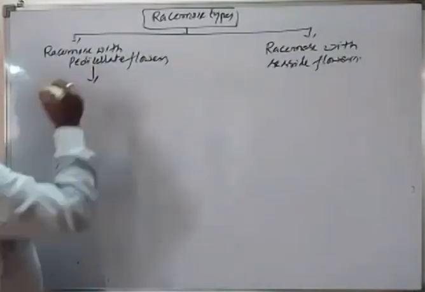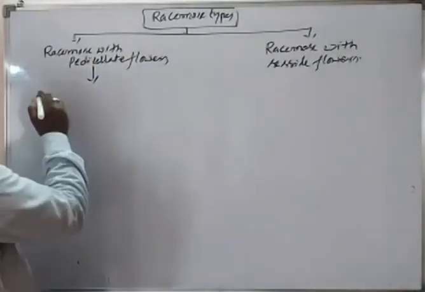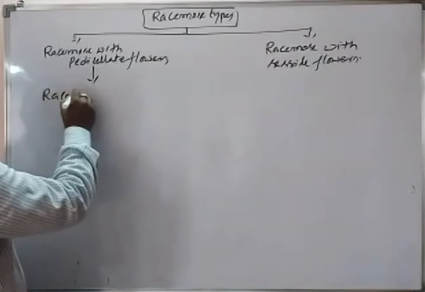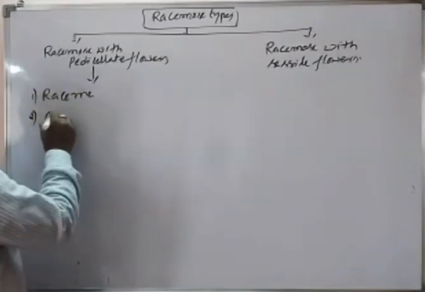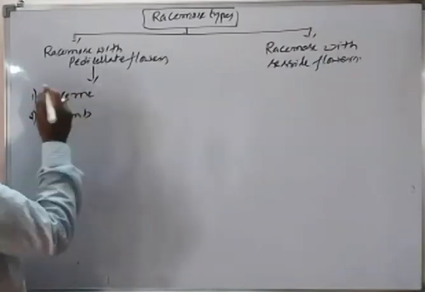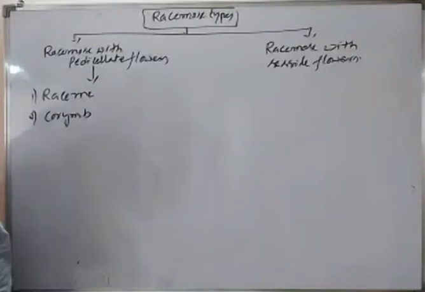Under racemose with pedicellate flowers, we have different types: number 1, raceme; number 2, corymb; number 3, umbel.